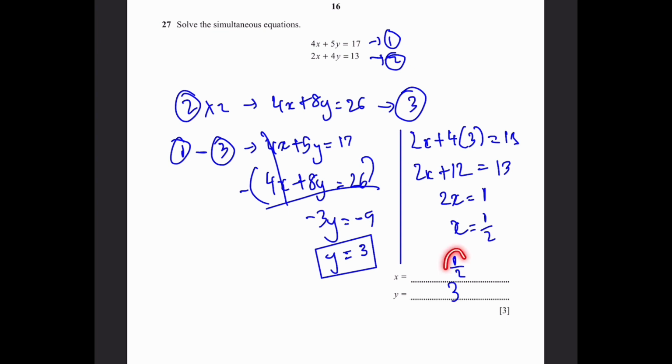And now if we substitute this value in here, 4 into half is equal to 2, plus 5y, 5 into 3, which is equal to 15. And now 2 plus 15 is equal to 17, which is correct. So when you substitute into that equation as well, that also works. That's why we can check if that's the correct answer, and it is.